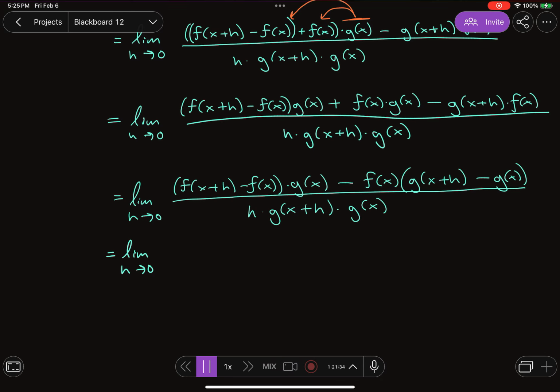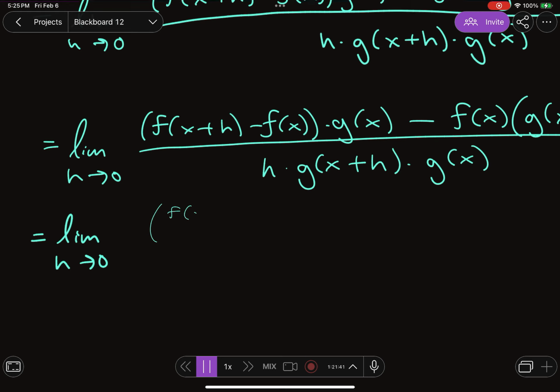Here, I'll just go ahead and write. I'm going to intentionally write fractions inside of fractions. This thing really wants to be divided by h, for sure. So let's see where we're at.